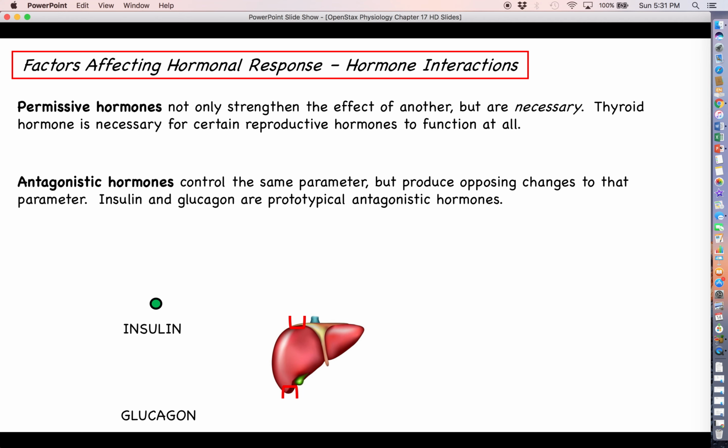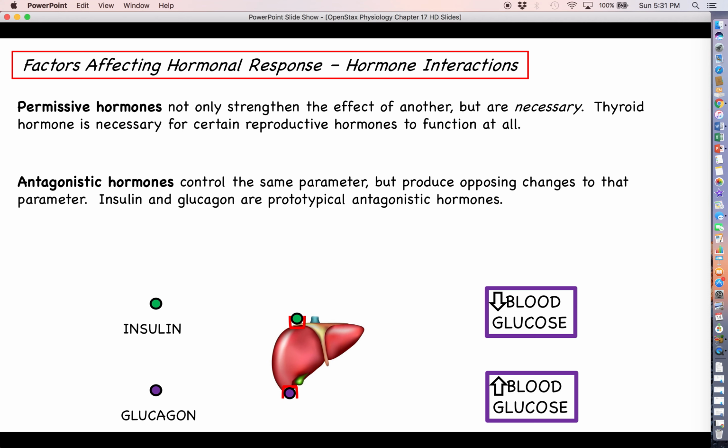But antagonistic hormones are going to have control over the same parameter, but produce changes in opposite directions. So the idea here is that insulin, when it binds to an effector like the cells of the liver, is going to lower your blood glucose. Glucagon, on the other hand, when it binds to its effector, is going to have the opposite effect. It's going to raise your blood glucose.